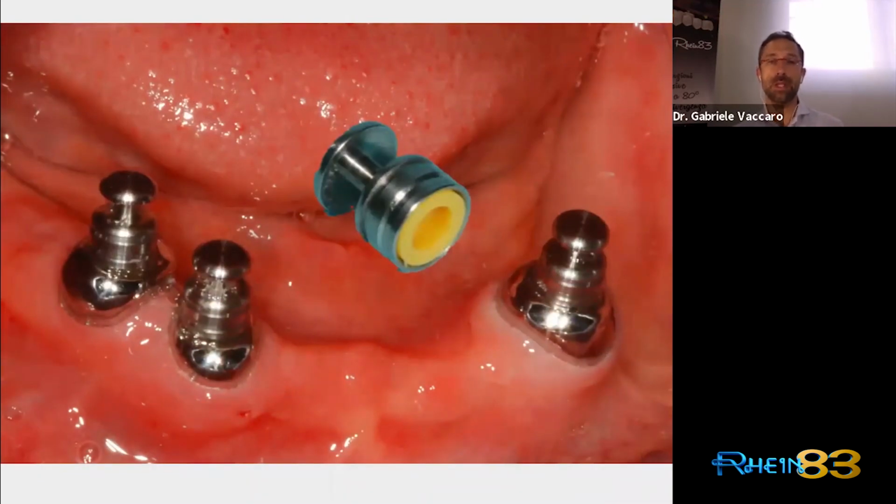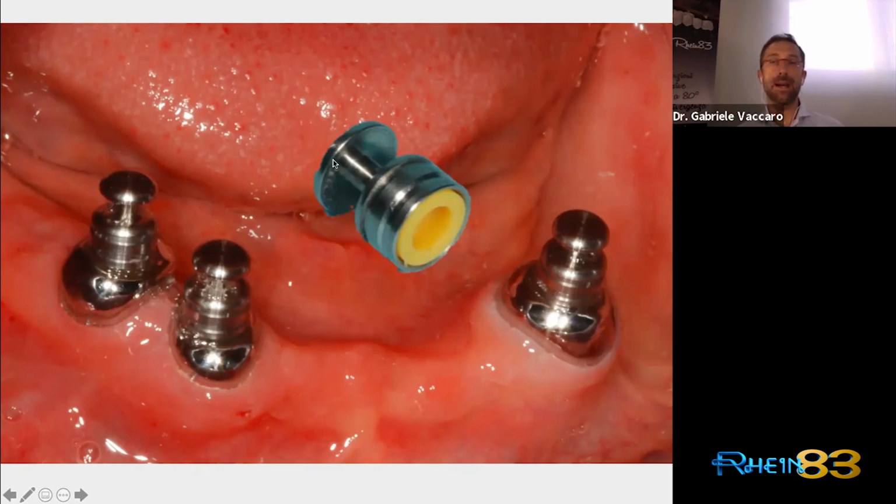How to take the impression with this? In the catalog, you can find a proper dedicated transfer for this equator, for this spheroblock. It has a space for the female cap, normo or micro, if you have a normal system or a micro system.